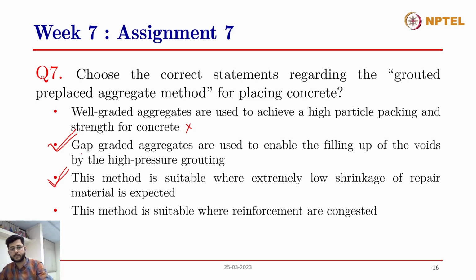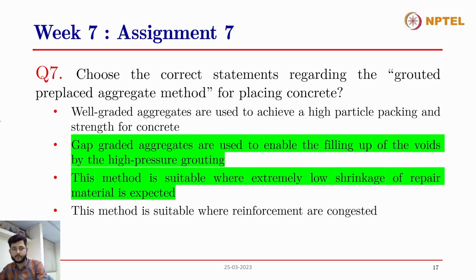So only two of these options are correct. The presence of gap graded aggregates placed initially, and then the grout is pressure pumped into the formwork. And the second is that this is done where a low shrinkage is required.